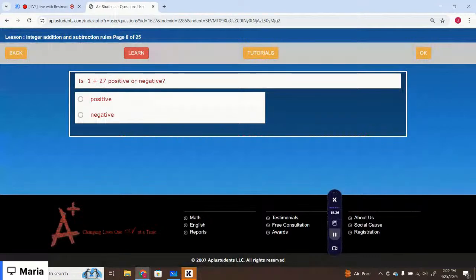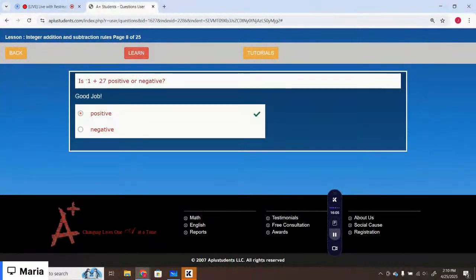Negative 1 plus 2, is it positive? Option number 1 is the correct option.